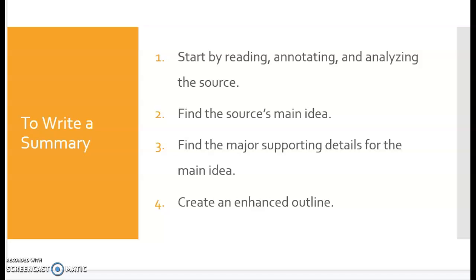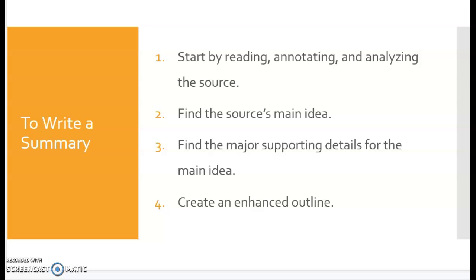So in order to write it, you have to follow a few steps. You're going to read and reread and follow the SQ3R until you understand what the author is saying. You want to annotate the main ideas, major supporting details whenever you read, because those will become the outline that you're going to use to write your summary.